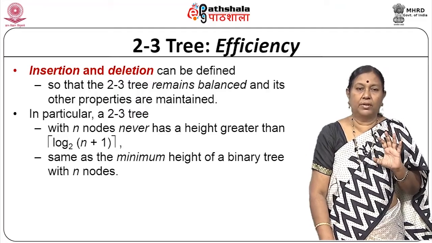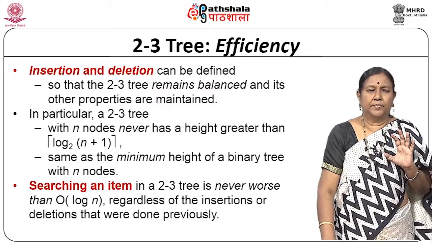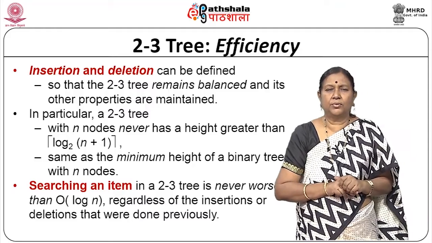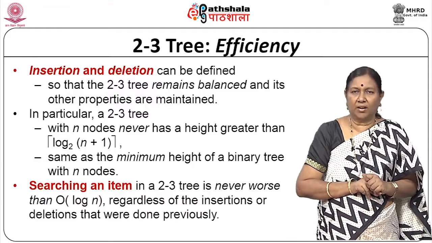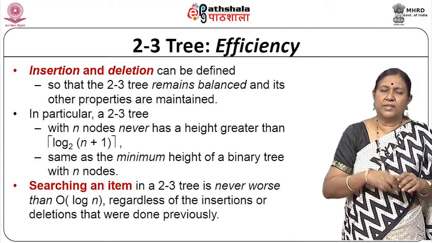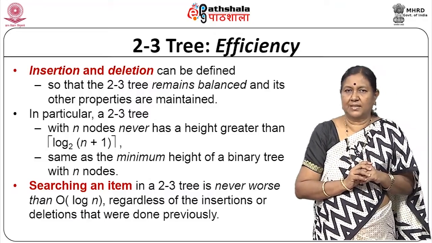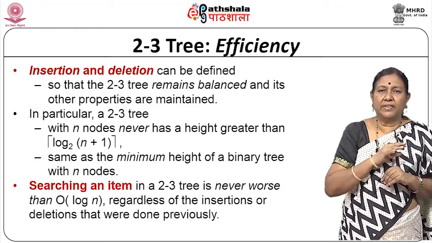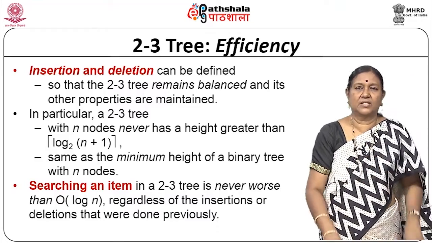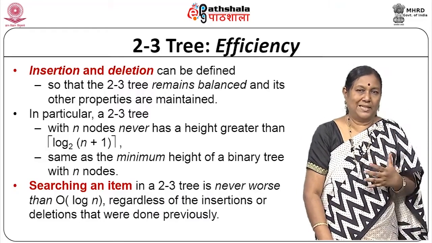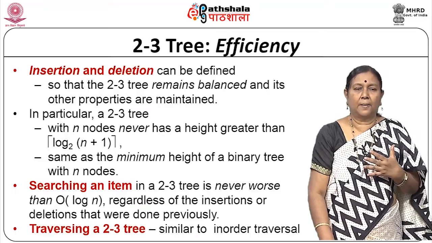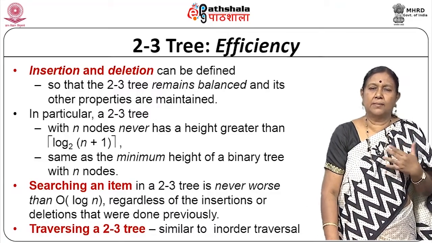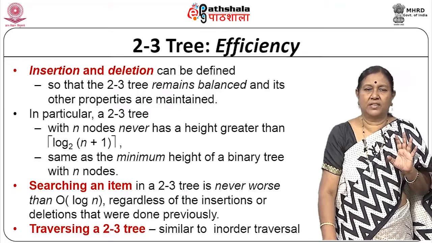So, this is a very good property. Searching for an item in a 2-3 tree is never worse than of the order of log n, regardless of the insertions and deletions that were done previously. So, whatever the situation, the worst case time complexity of searching never exceeds the order of log n. Traversing a 2-3 tree is similar to the in order traversal, no difference.